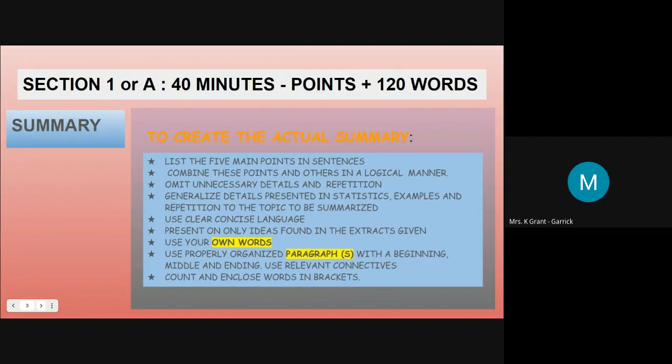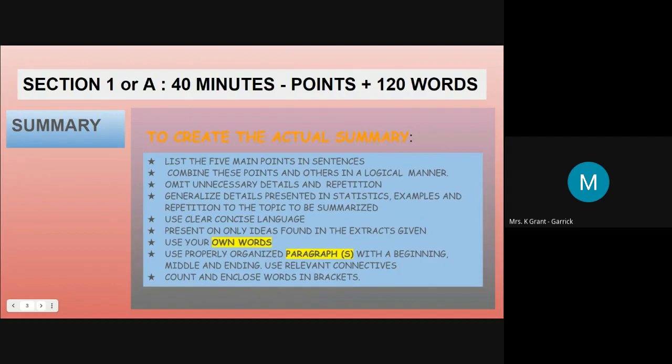Then, having done that, you're expected to convey this in clear, concise language. Then you're asked to present only the ideas that you would have been asked to focus on in the extract given. And you're going to use your own words, use properly organized paragraphs, 2 paragraphs acceptable as well. The paragraphs themselves must have a beginning, a middle, and an ending.